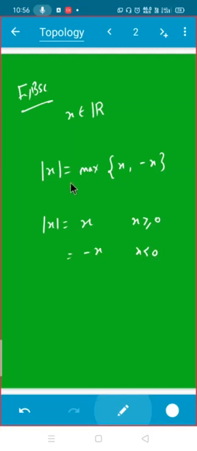Do you agree both the definitions are same? Mod x is maximum, so what does same mean? In mathematics, if something is same, it means from here I can go here, and from here I can go here. Is that clear? Maybe I'll give you an exercise or homework: try to prove this, from here go to here, from here go to here.